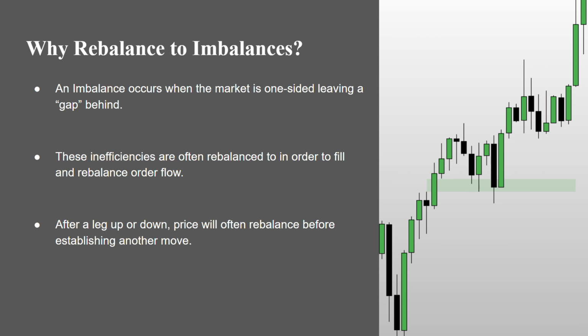And yes, this signature in price occurs every single day in the market, day in and day out. It is there amongst various sessions. And so you wait for that leg up or down, you wait for that rebalance, and you look for price to establish that next move, and you take full advantage of it.